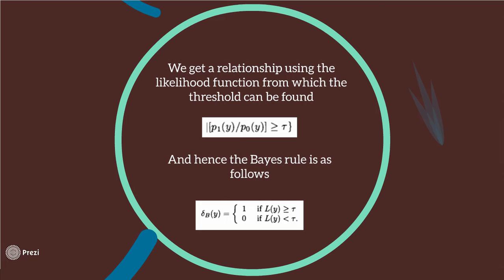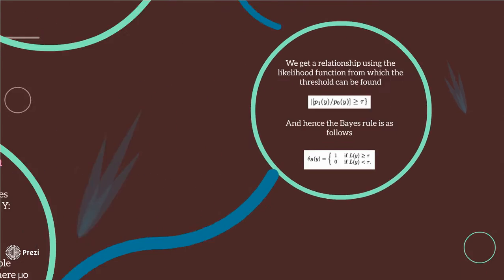Hence we get a relationship using the likelihood function from which the threshold can be found. Hence, the Bayes detection rule is as follows. Delta B of Y equals 1 if L of Y is greater than tau, else 0.